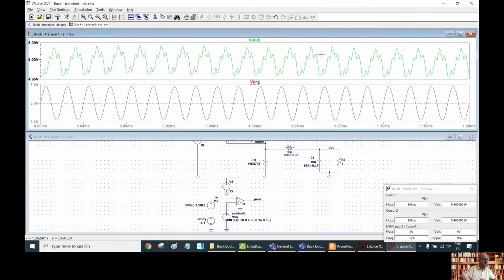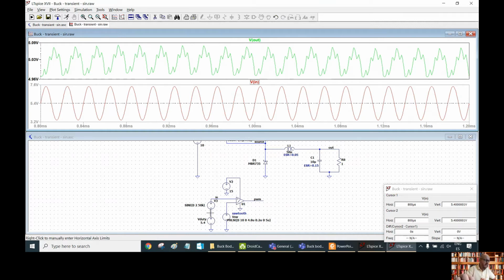Going to this other pane, we can see that we have this component at 50 kilohertz, but now we have other components because we are approaching the switching frequency. So the modulating frequency is close to the switching frequency, so we have interaction between them.